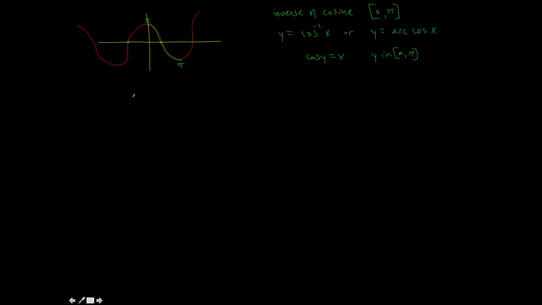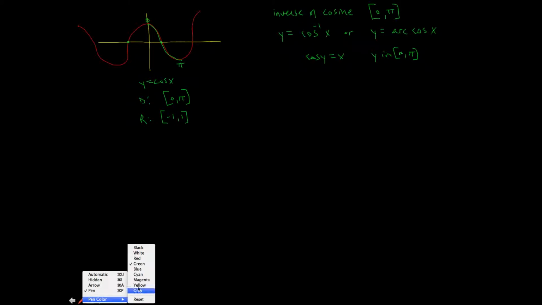For instance, right here, this would be the graph of y equals cosine x, and the domain would be from 0 to pi, and the range would be, of course, from -1 to 1. Now that reverses just like with sine when you do the inverse.